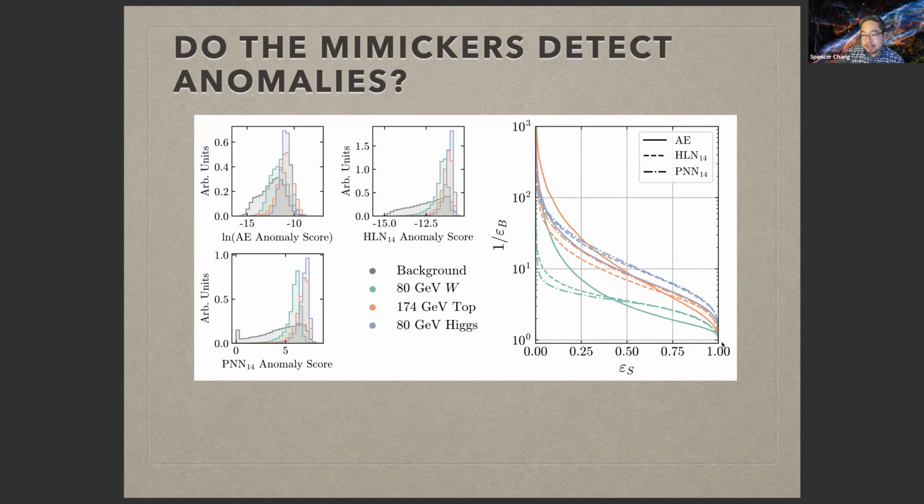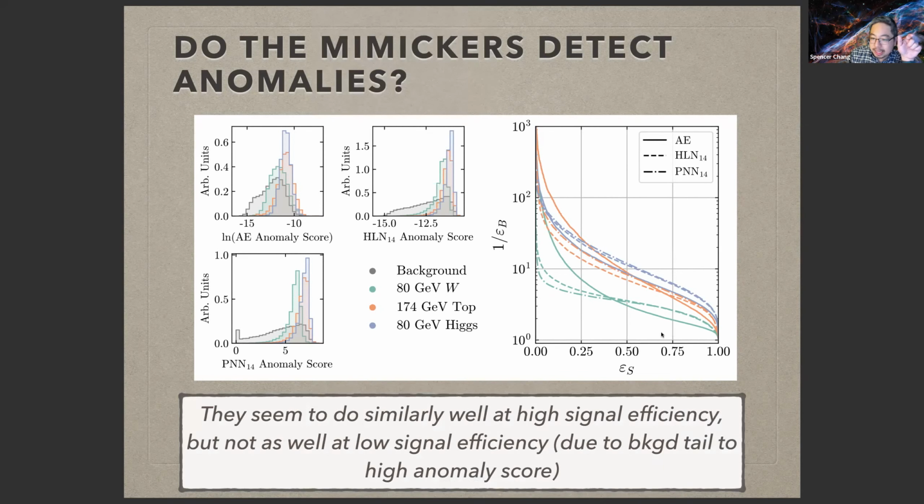You can then plot the ROC curve, and the dashed lines are the high level network, the paired neural network. The dashed lines are better at background rejection at high signal efficiency, but eventually lose out to the autoencoder when you go to lower signal efficiency. So they are actually pretty good if you were working at high signal efficiency.